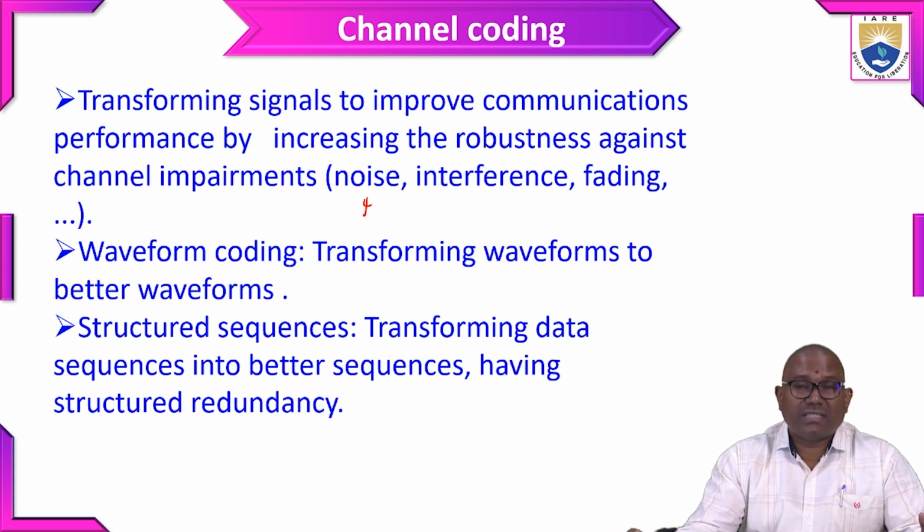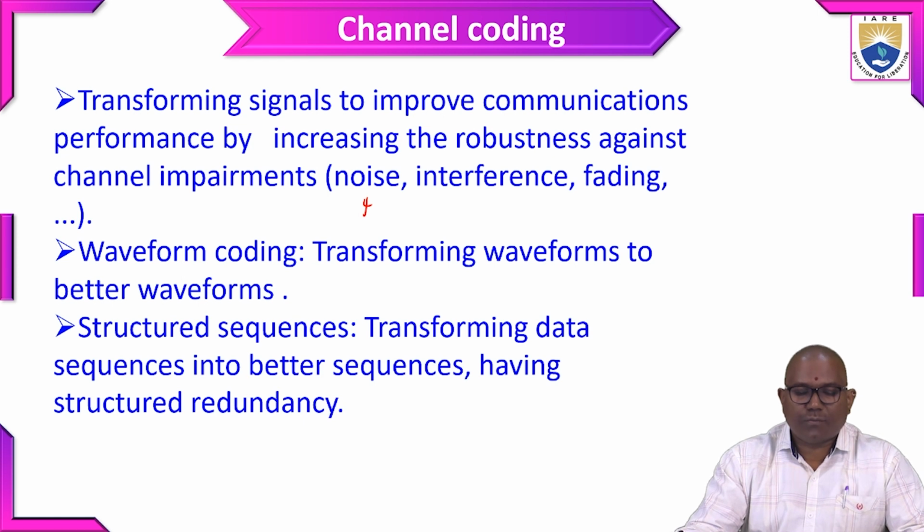So the signal is going to fade. Fade means it loses its amplitude. Okay, so these are the impairments of the channel, and channel coding reduces their effect and improves communications.